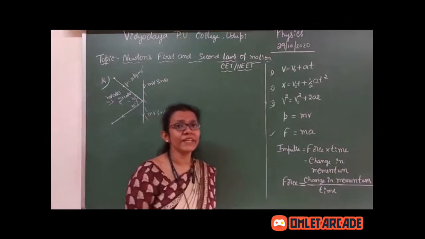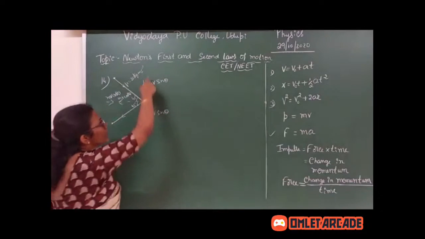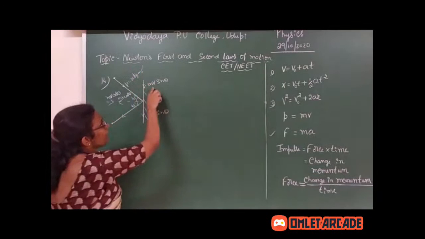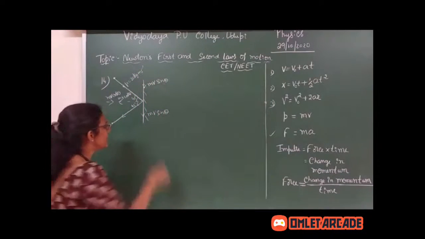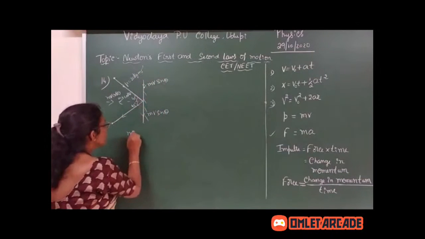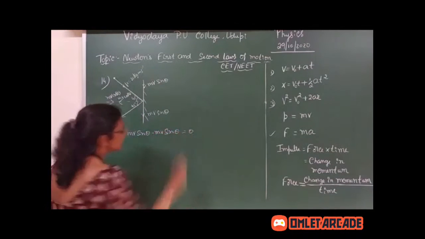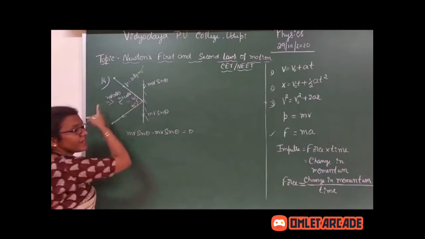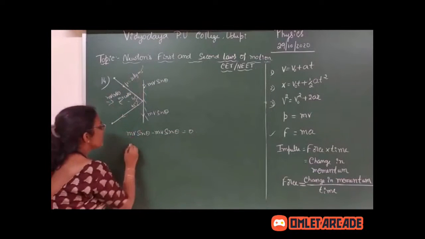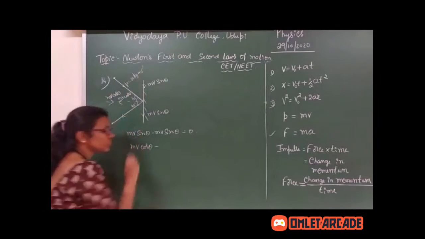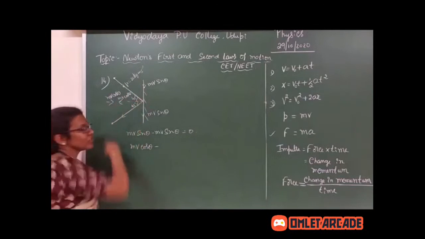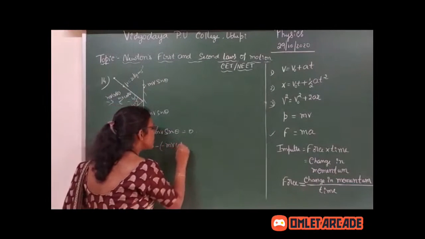Now, the change in the momentum along the wall is mv sin theta minus mv sin theta, which is equal to 0. Similarly, the change in the momentum perpendicular to the wall is mv cos theta, change it, this direction is opposite, so minus mv cos theta.